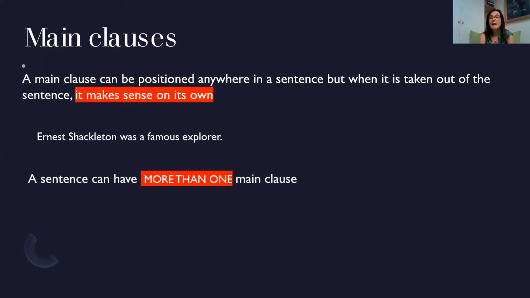A sentence can have more than one main clause. Let's have a look at an example. Ernest Shackleton was a famous explorer. Main clause number 1, joined with one of those connection pieces. If you go back to the Mobilo idea, you've got your main clause with your one brick, and then you've got your 'and', which is like those little connector pieces, and now it's joining on another main clause.